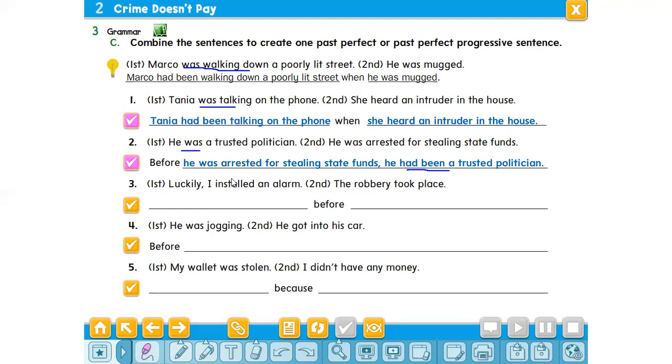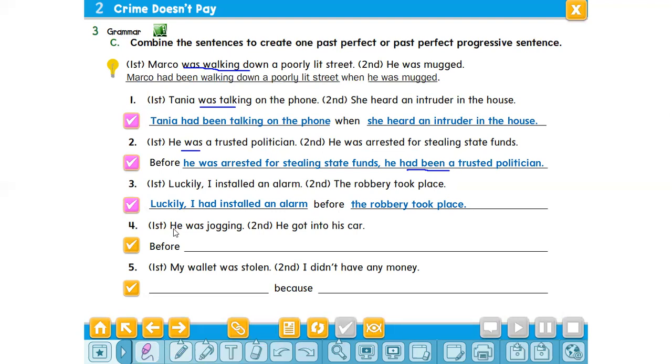Excellent, past perfect. So, luckily I had installed an alarm, past perfect, had plus past participle, before the robbery took place.